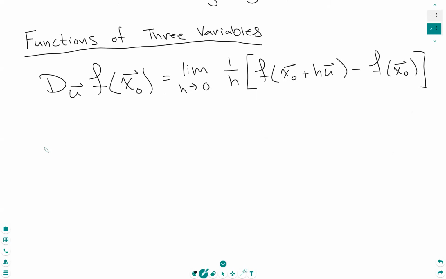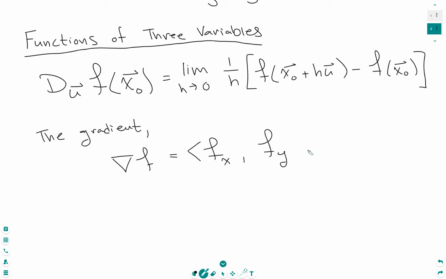The gradient, so we still have the same notation, but now because we're in a higher dimension, we should have another vector element. So we'll have fx, fy, and we'll also have fz.